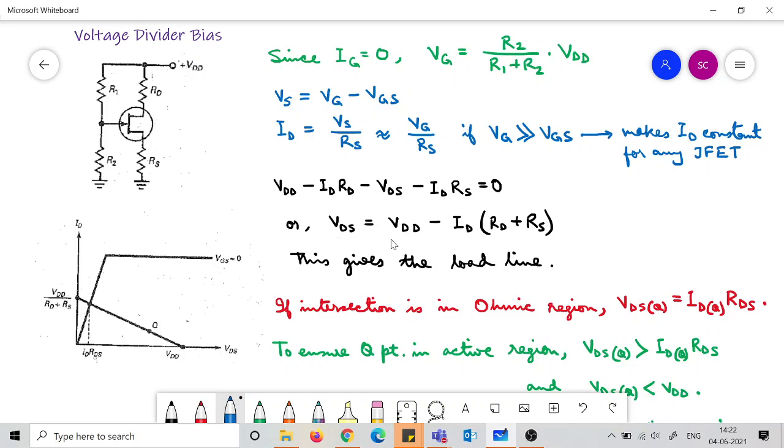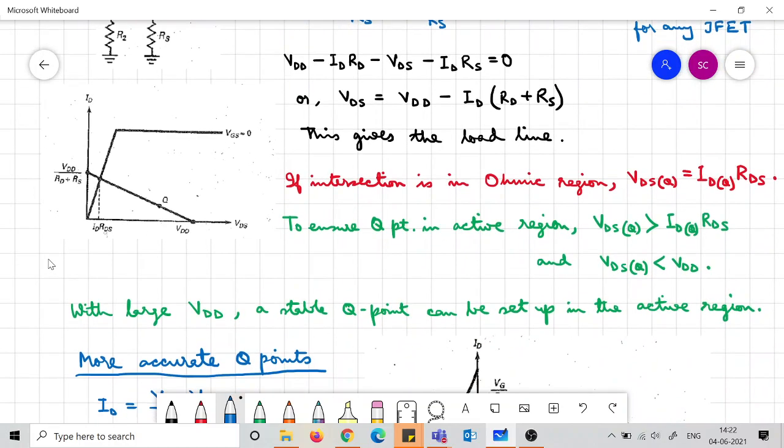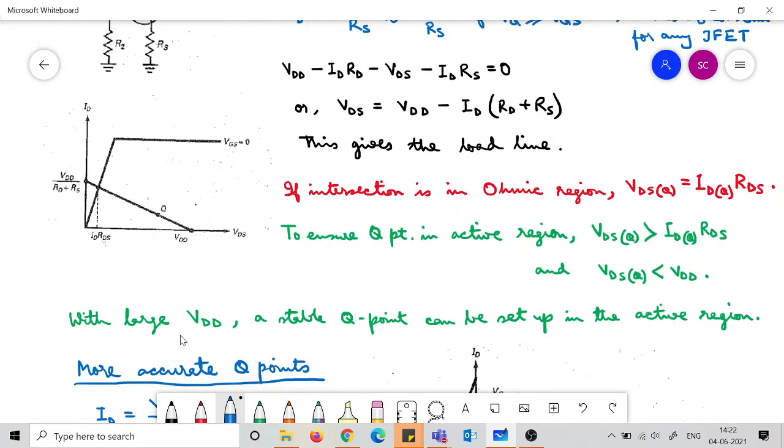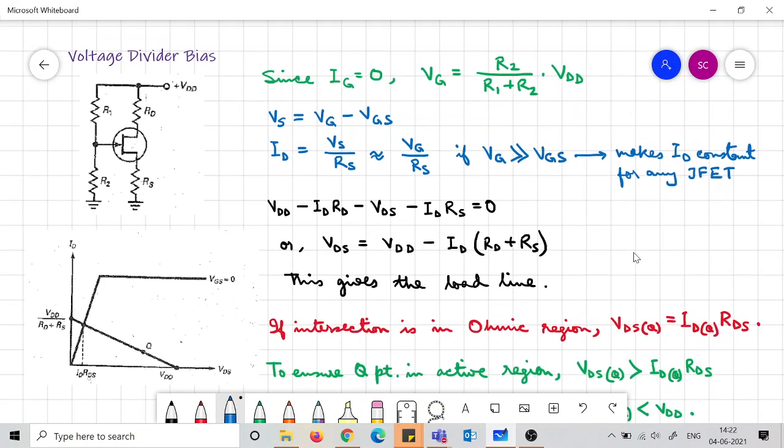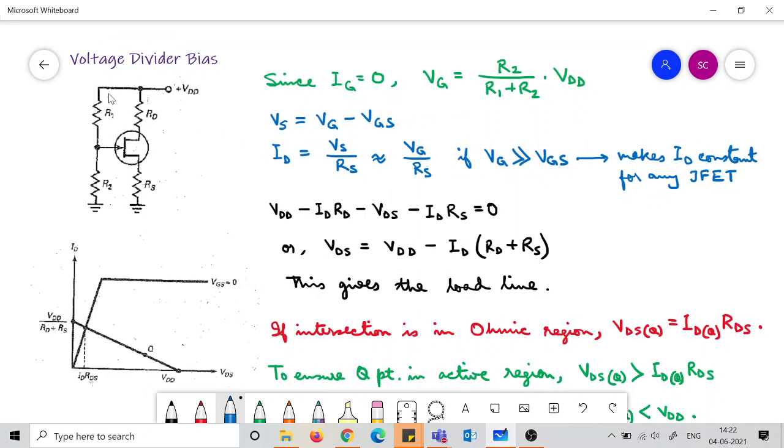So VDS cannot exceed VDD, but we can make VDS as high as possible by ensuring that VDD is as large as possible. So VDD has to be very high. That is what we are seeing even in the first two blue equations.